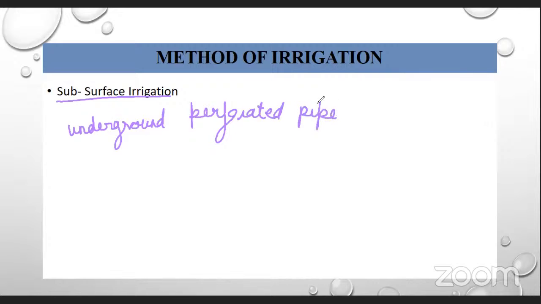Okay, in this we apply the water underground, through the subsurface soil, and water is also applied through deep trenches, which are usually made at 5 to 30 meter intervals.